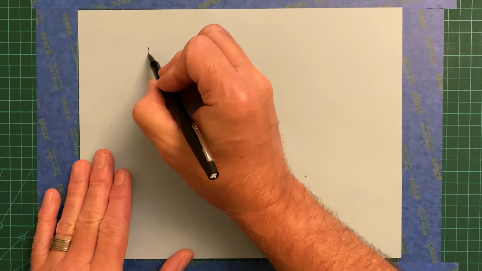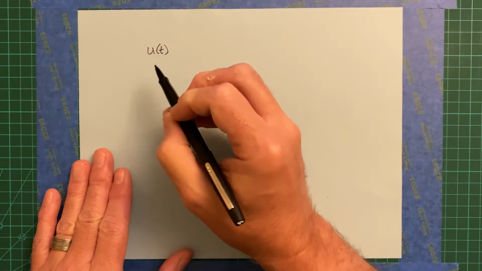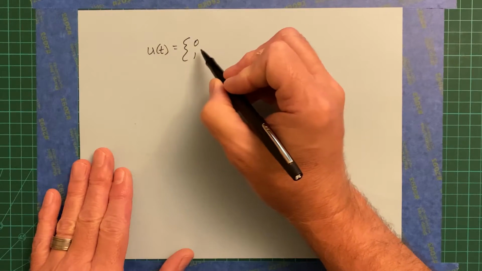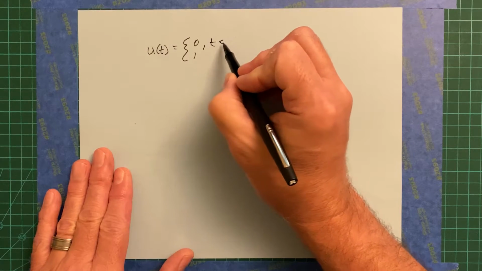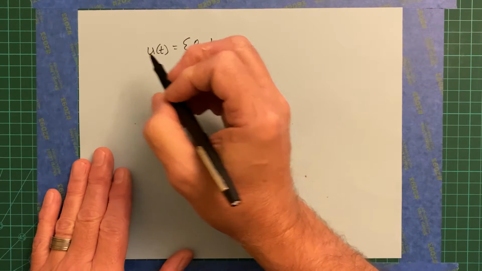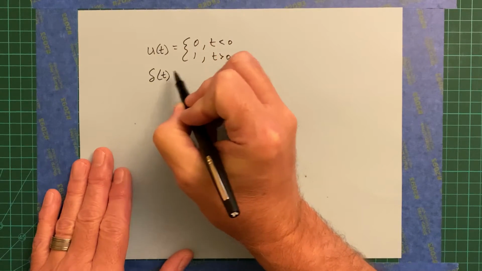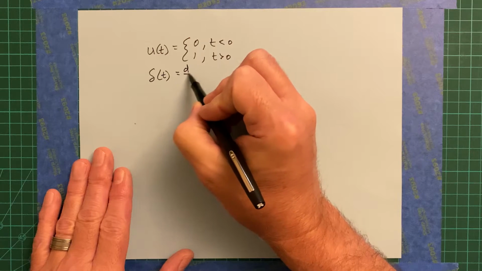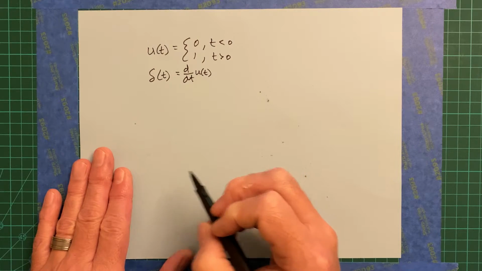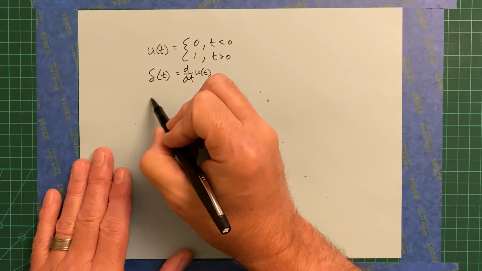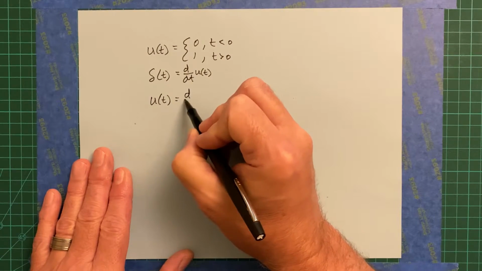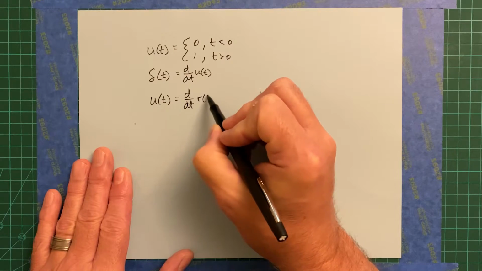We've got u(t), that's the unit step, and it's equal to either 0 or 1, for t less than 0 or t greater than 0. And out of that, we've also got delta(t), which is equal to d/dt of u(t). And then also we have this relationship, u(t) is equal to d/dt of r(t).